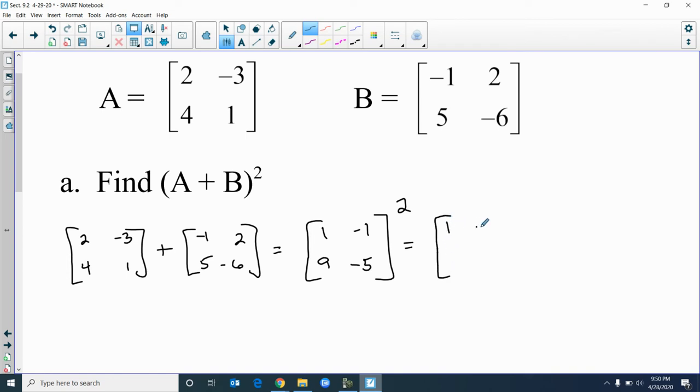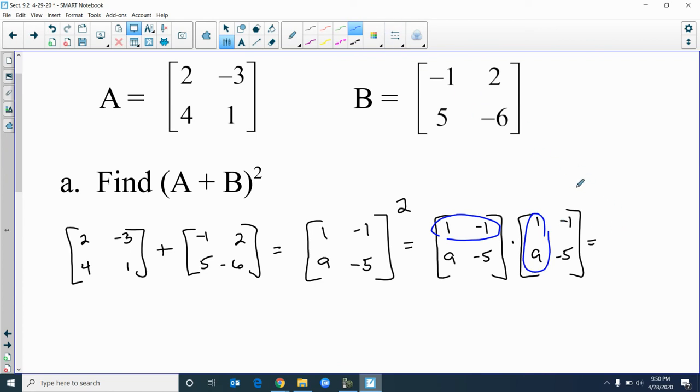So I take 1, -1, 9, -5 times 1, -1, 9, -5. And I use my good old matrix multiplication rules where I take row 1 times column 1, which is 1 times 1 is 1, plus -1 times 9 is -9.